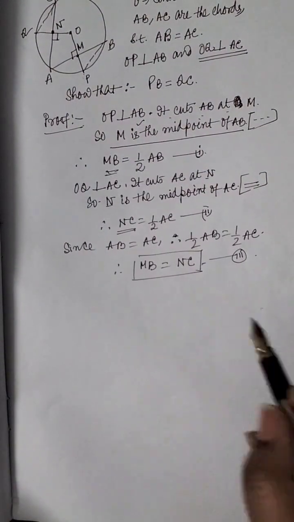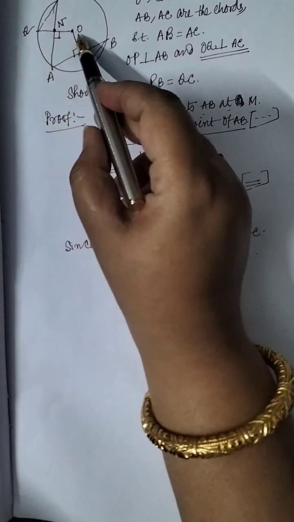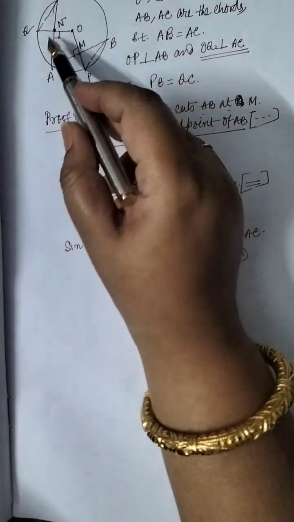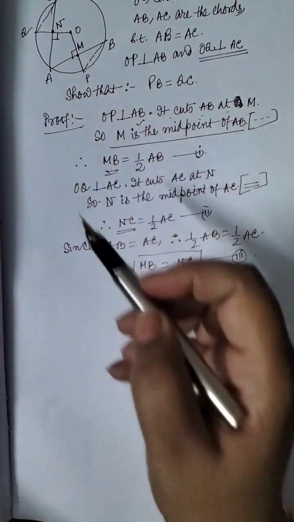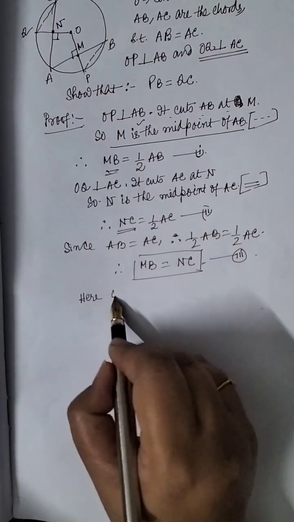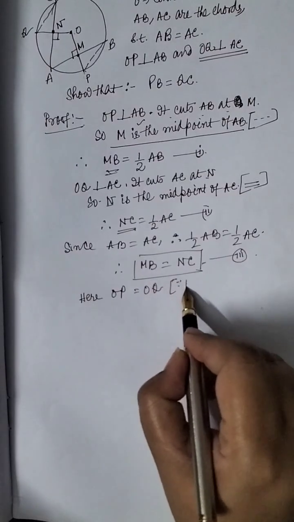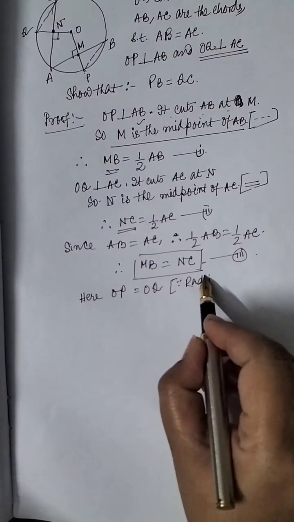Now, look students. OP and OQ in figure are the radii of the circle. So, of course, they are equal in measurement. Here, OP equals to OQ. Radii of the same circle.